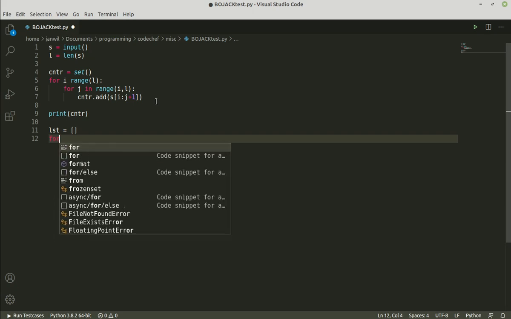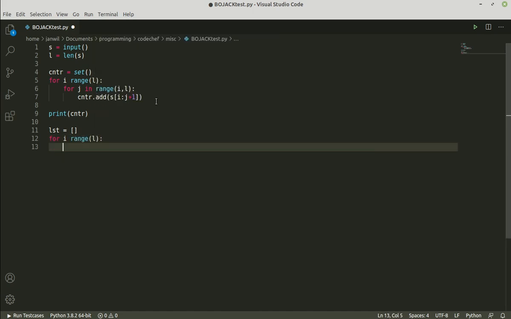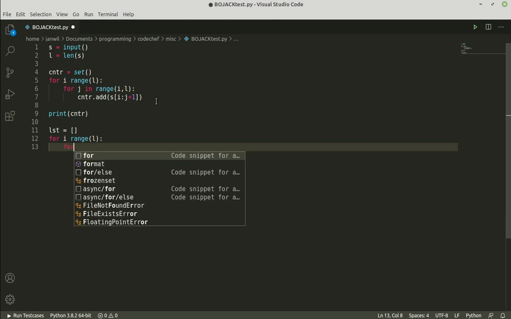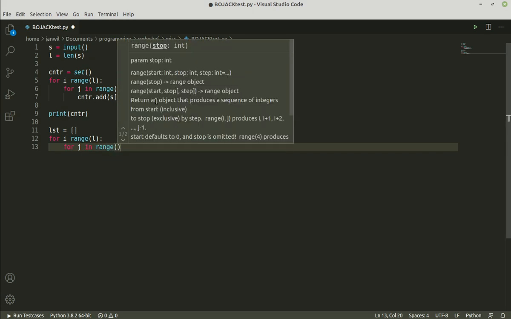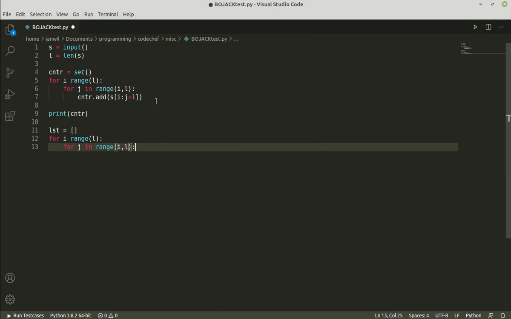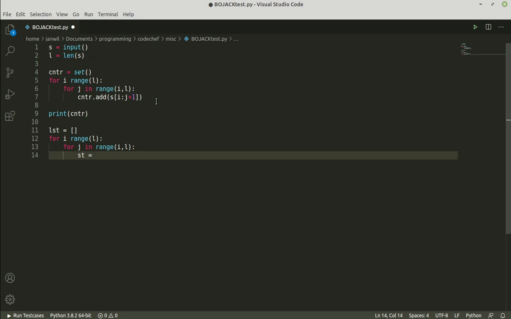So again, we are going to have for I in range L for the first index, and for the final index we are going to run again for j in range I, L, and we will identify the substring of S from positions I to j, and again we need to go until j plus 1 because Python excludes the last one.